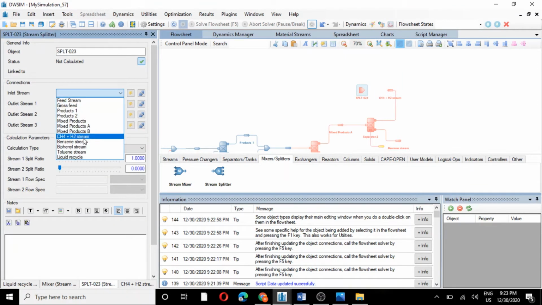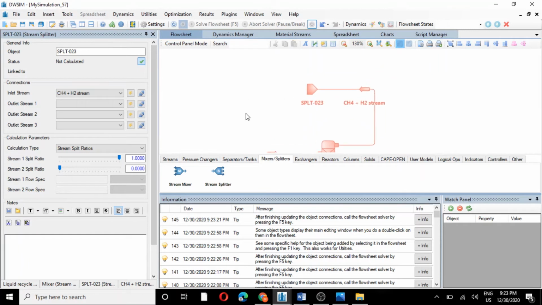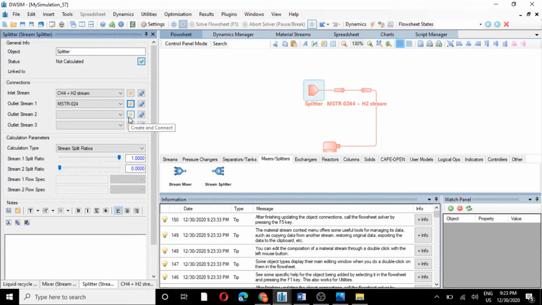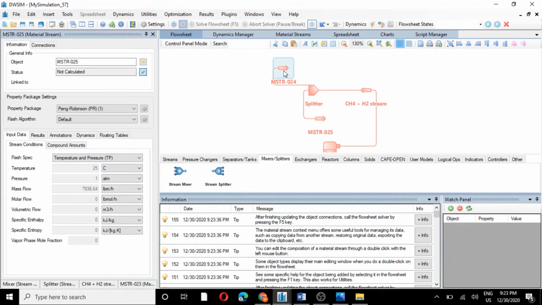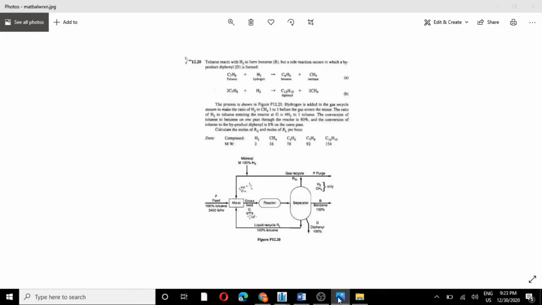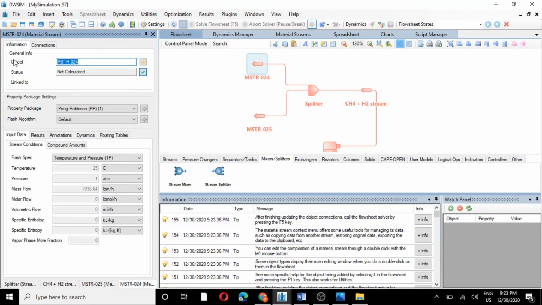We have the CH4 plus H2 stream. I'm gonna call this our splitter, and we have two outlet streams. Just gonna invert this horizontally. Okay, this one is our purge. And this one is our gas recycle.